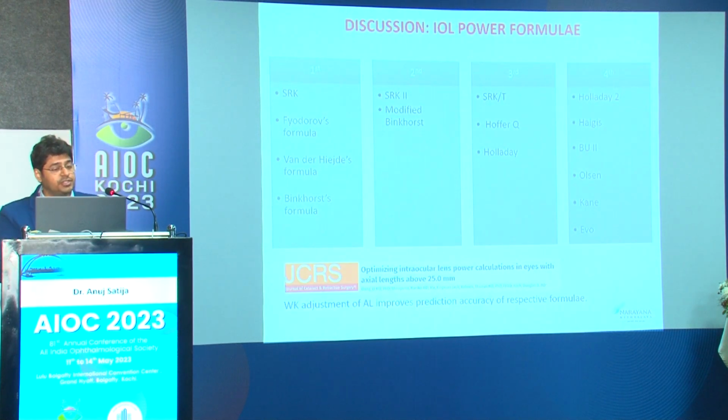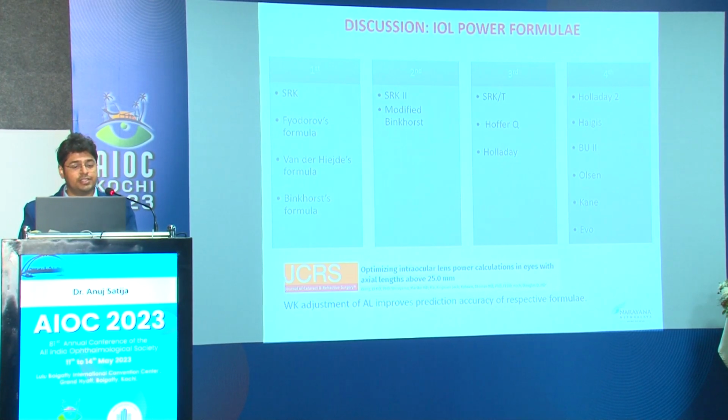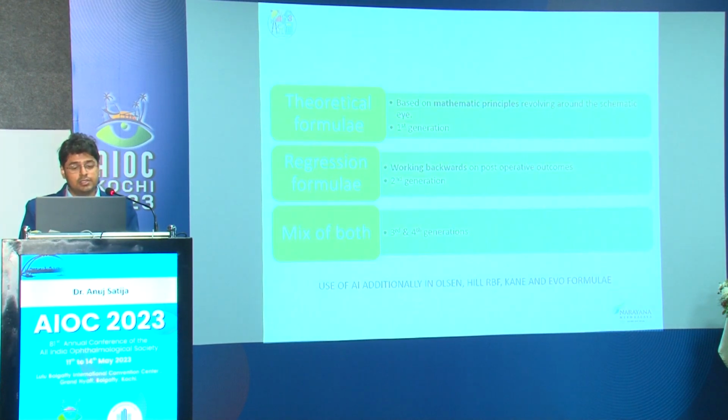Coming to the discussion, IOL power calculation formulas have evolved over the generations depending upon the number of variables used. The newer generation formulas use more variables and also use artificial intelligence, which leads to better prediction capacity. The theoretical formulas rely simply on mathematical principles, and the regression formulas work backwards based on the outcomes that have come.